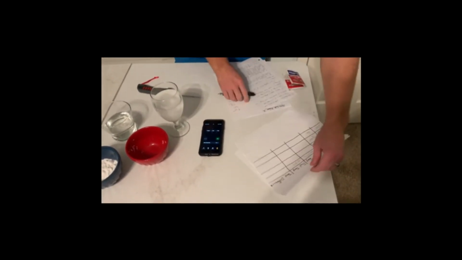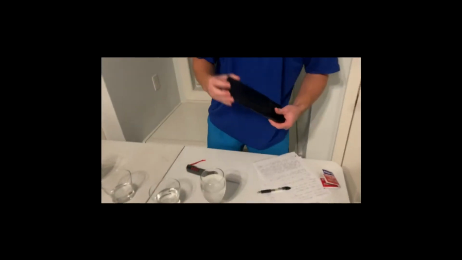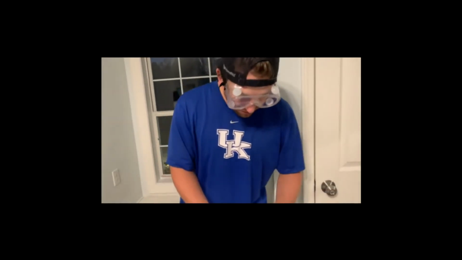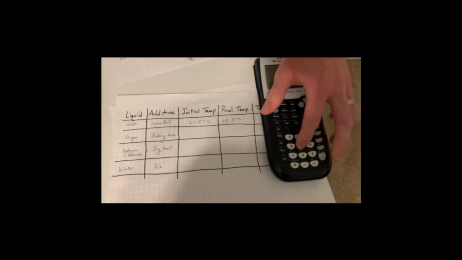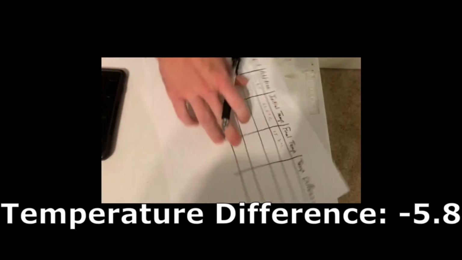And so now let me take my handy dandy calculator right here, and I'm going to do our final temperature of 15.7 degrees minus our initial temperature of 21.5 degrees, which gives us negative 5.8 degrees.